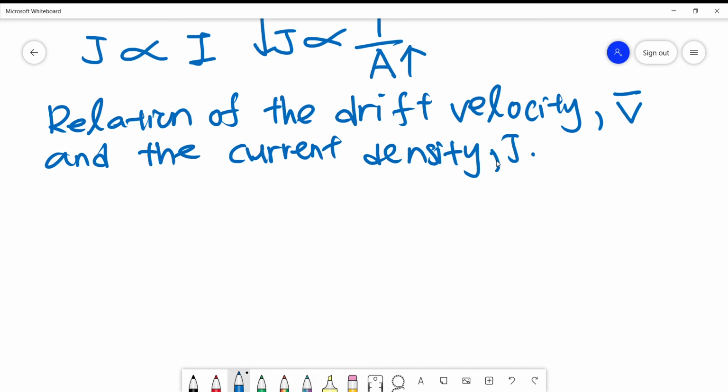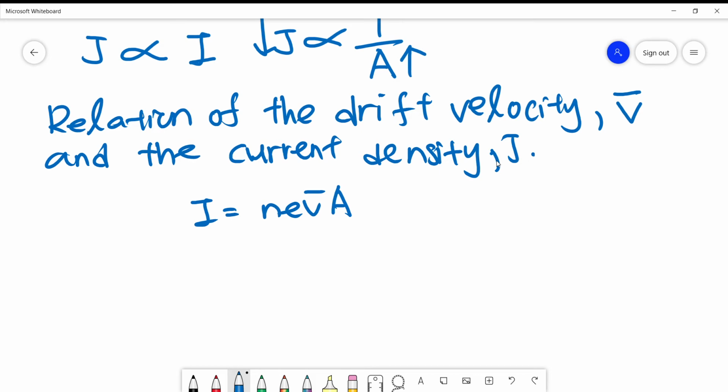Remember from the previous video that I equals nevA. Here n is the number of free electrons per unit volume, e is the electron charge, v is the drift velocity, A is the cross-sectional area of the wire, and of course I is the current.